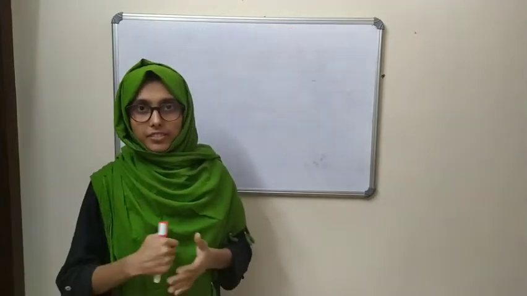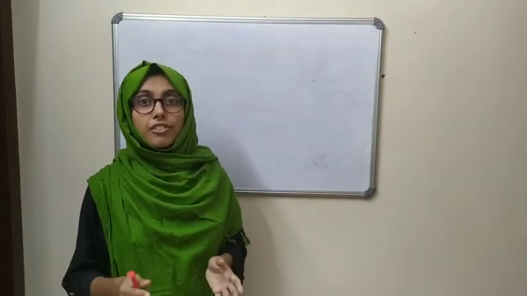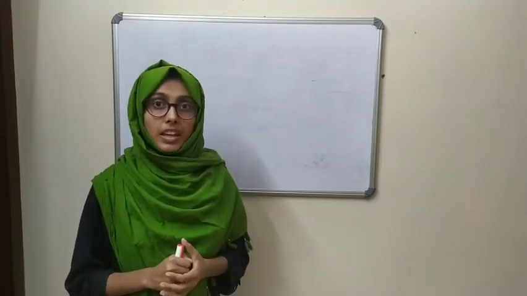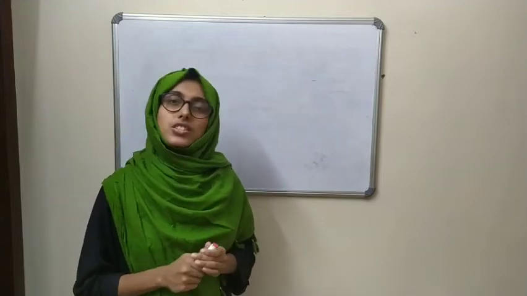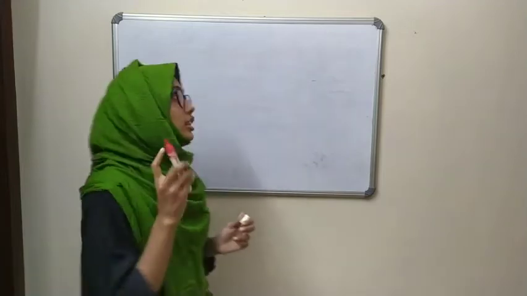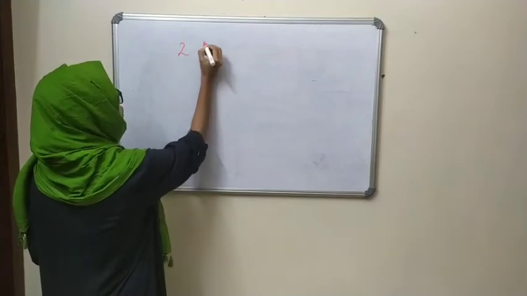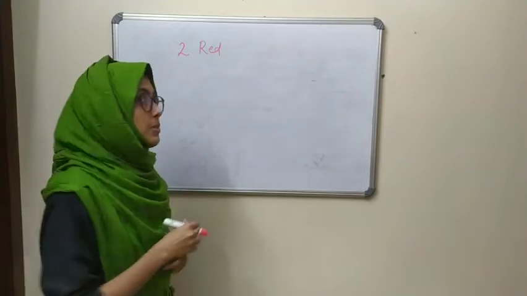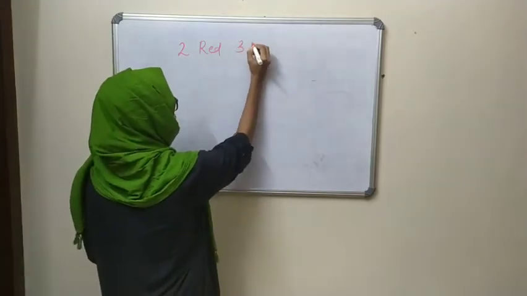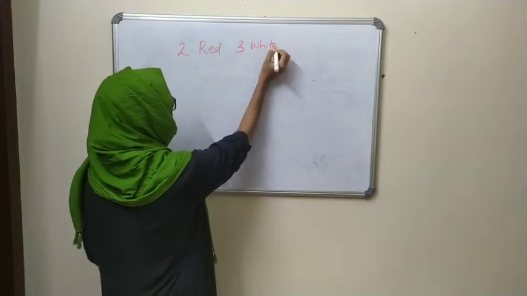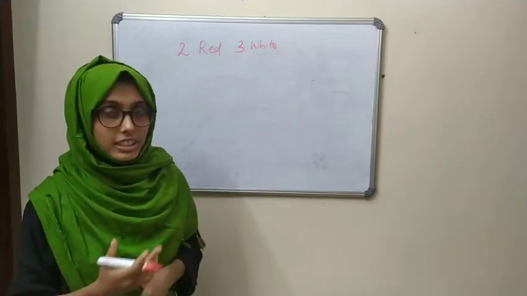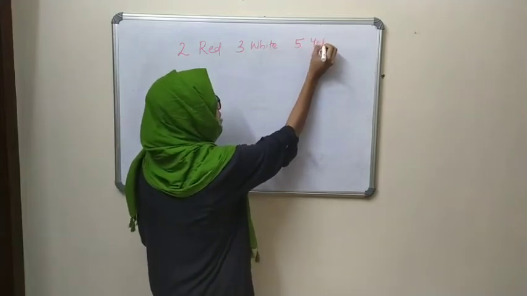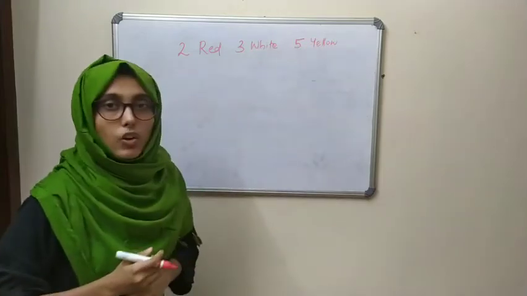Okay. Now dear friends, I am going to buy some flowers from the flower seller. So I bought 2 packets of red flowers, then 3 packets of white flowers, and 5 yellow flowers.